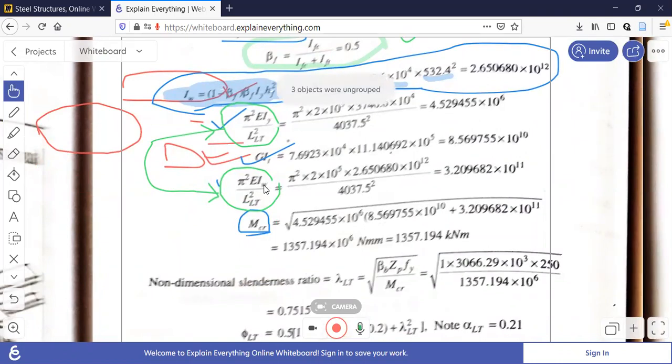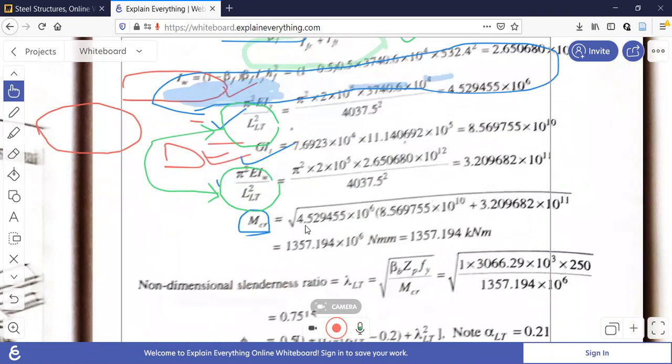So for IW, I need beta B and all those things. Finally calculate these three constants, then substitute in MCR. You observe this MCR formula here. It is the same as what you have seen. Directly those constants we have put, that's all. Finally, in MCR you substitute these values.